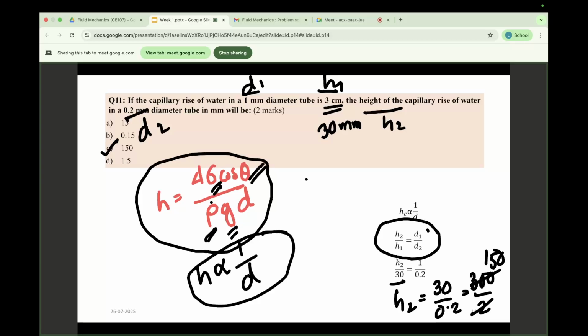If you know the concept, you will be easily able to derive this formula and answer this question, and it will hardly take 1 minute to derive. So you should be fundamentally strong in this concept of capillary rise and capillary fall. So I am moving to the next one.